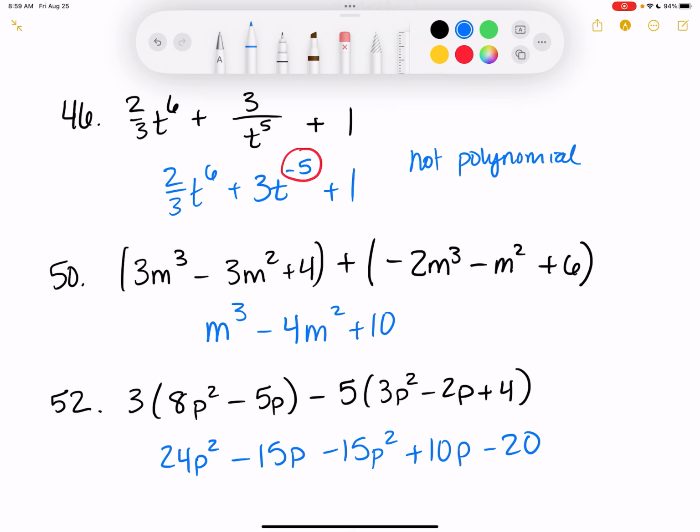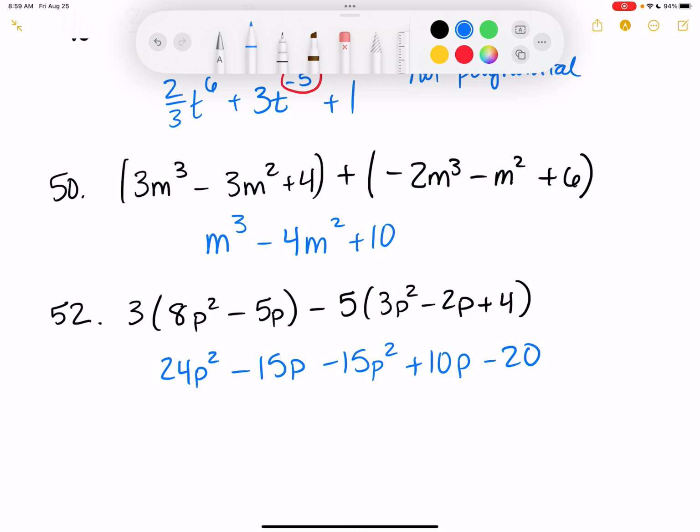And now I don't have to worry about saying, oh, I'm subtracting. I can just take this and combine my like terms. So 24p squared minus 15p squared is 9p squared. Then negative 15p plus 10p is negative 5p. And then just minus 20 at the end.